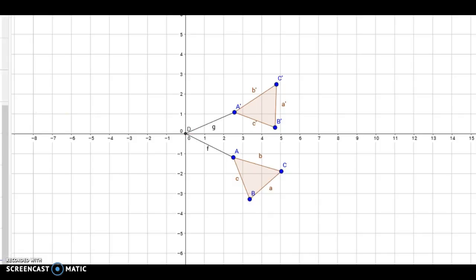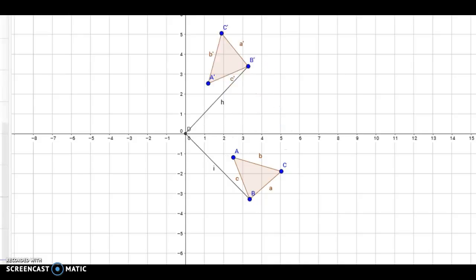If for example I change these points, if I remove the segments like so, and I put some other segments here, for example from this to B dash, and again from that one to this one, you'll see the same thing happening here when I rotate.